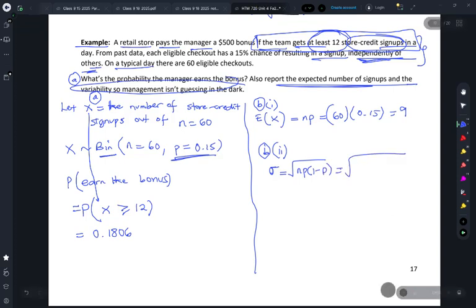So that will be the square root of 9 times (1 minus 0.15), that will be 0.85. So you have the square root of 7.65. Taking the square root of 7.65, we have 2.766. That completes that part of the question.